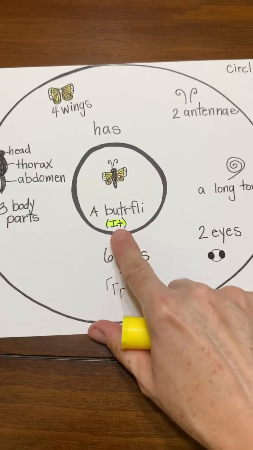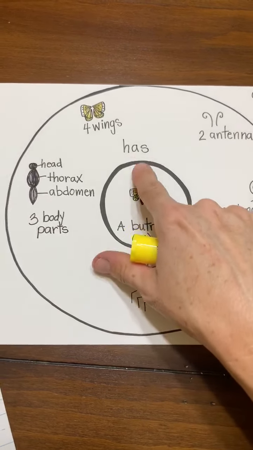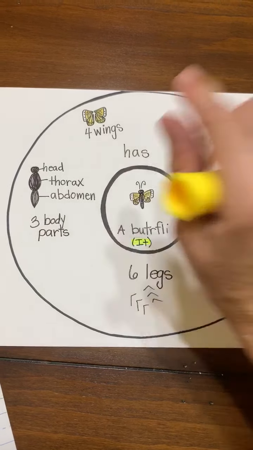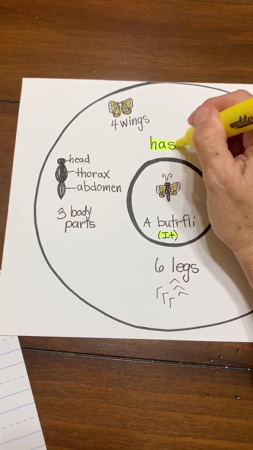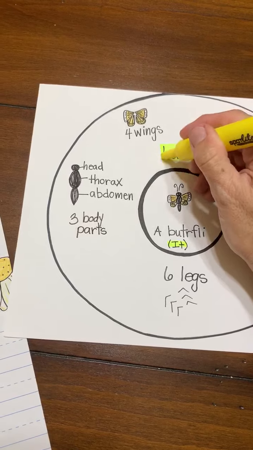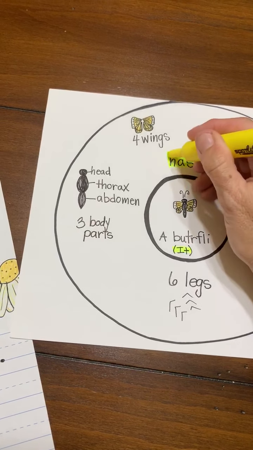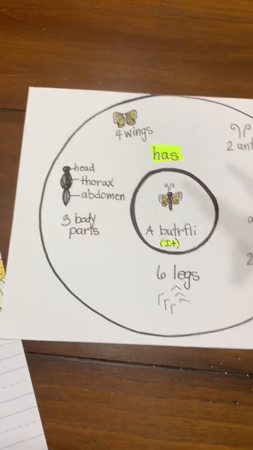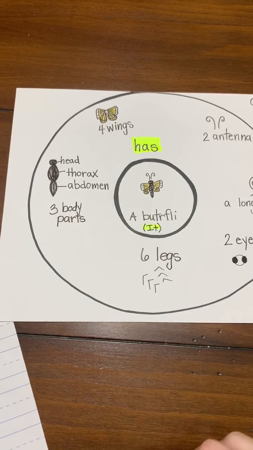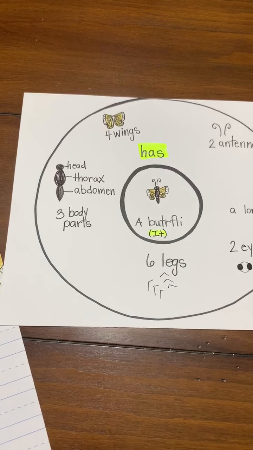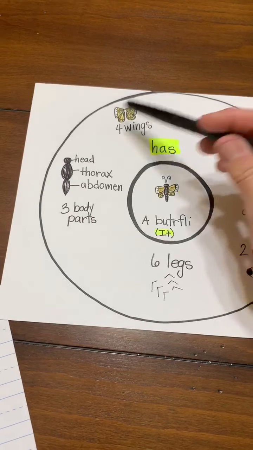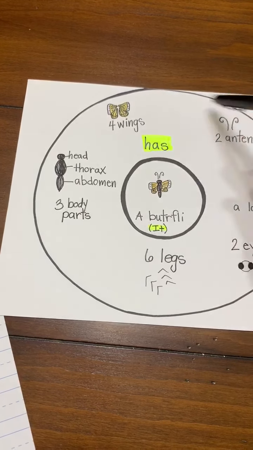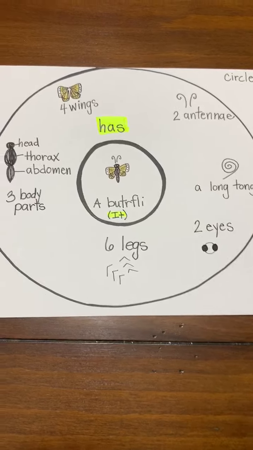So now we're going to always start with it, and then our linking word for this circle map is has. And I just picked one linking word because we're just trying to get them confident to write some simple sentences. We don't want to give them too many linking words or it gets confusing. So now we have it has, and then they get to pick one of the items around the has circle.